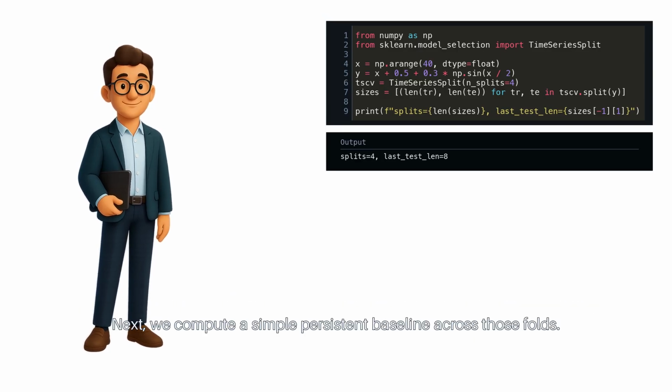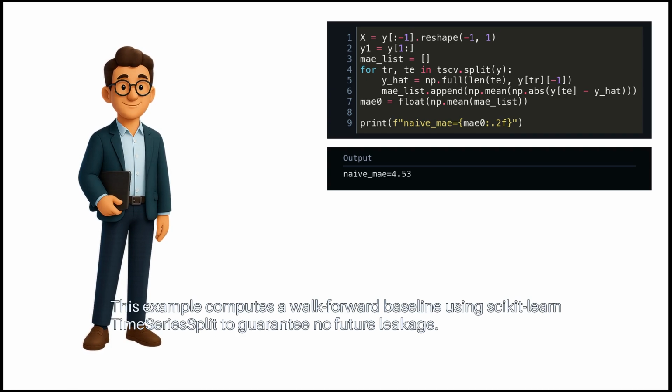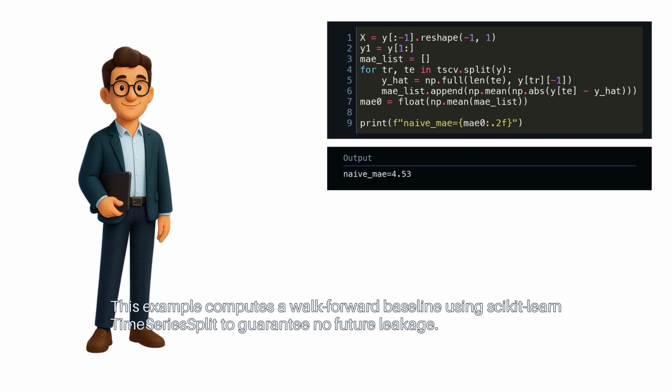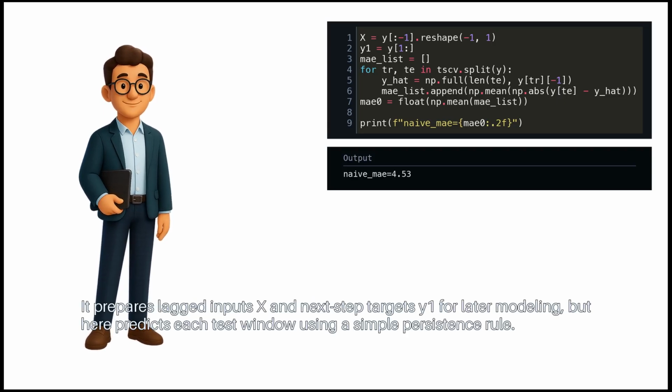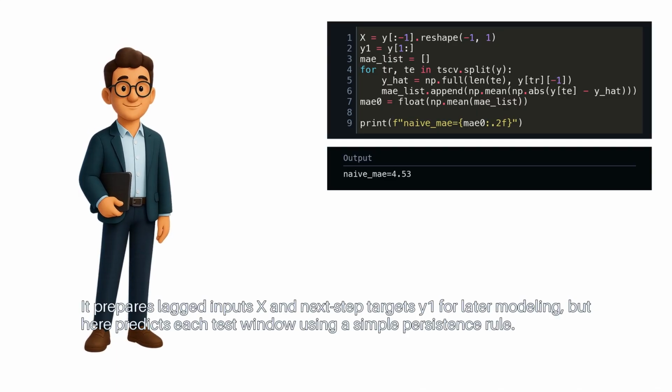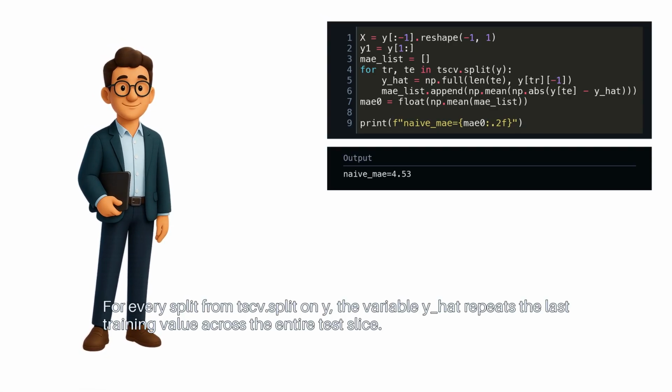Next, we compute a simple persistence baseline across those folds. This example computes a walk-forward baseline using scikit-learn TimeSeriesSplit to guarantee no future leakage. It prepares lagged inputs X and next step targets Y1 for later modeling, but here predicts each test window using a simple persistence rule. For every split from TSCV.split(Y), the variable y_hat repeats the last training value across the entire test slice.